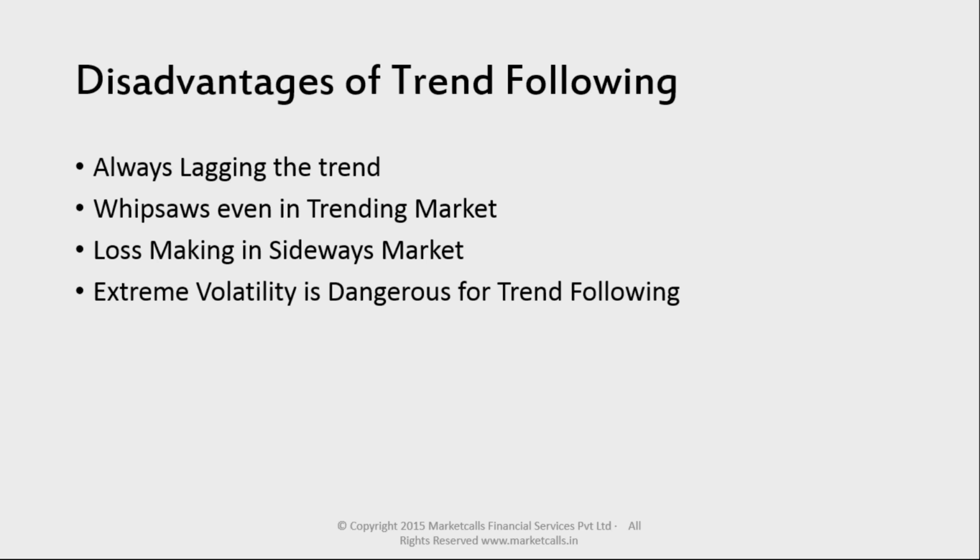So again, there is a clear disadvantage when you follow trend following models, and whipsaws are going to be there. Like any other trading strategy, trend following is going to lose. Sometimes it may lose 8 to 10 or even 13 consecutive losses. By that time, how much you lose in terms of money matters.